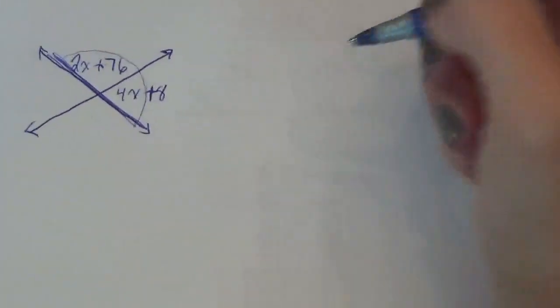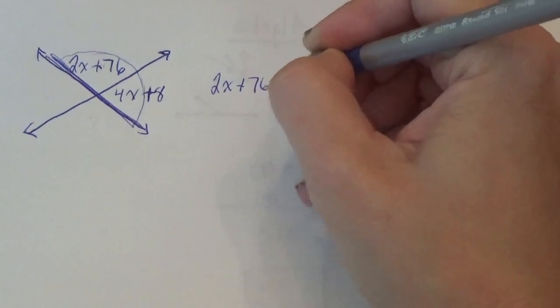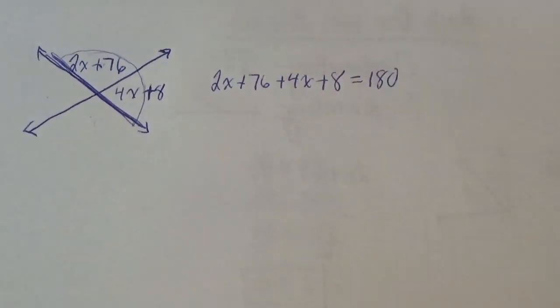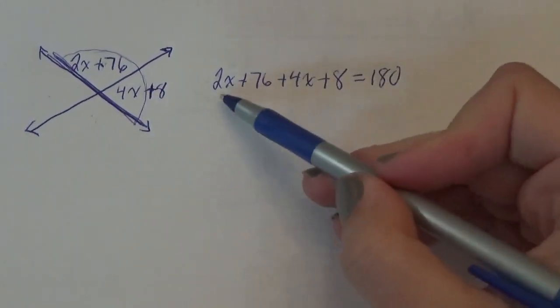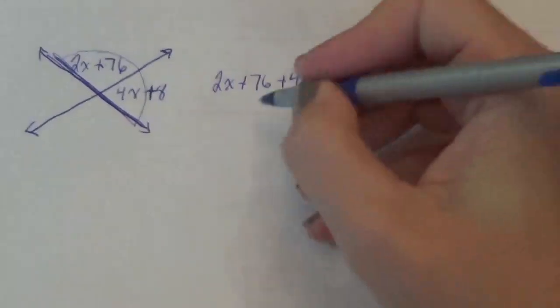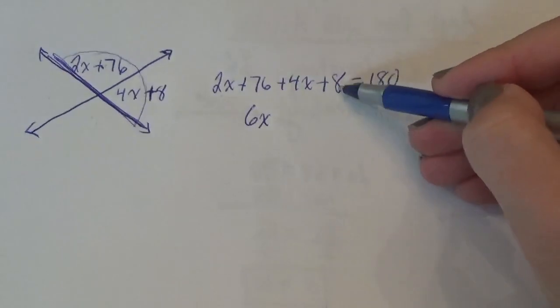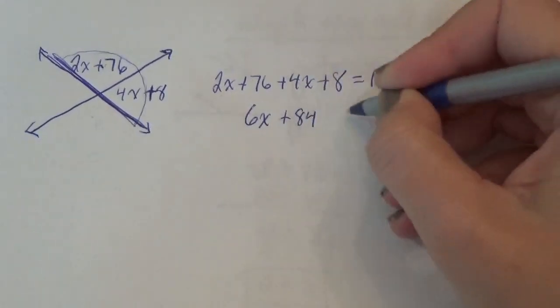So these two, just like the last one, you're going to add all of this up, and it's going to equal 180. So yeah, that's a long stretch, but we're going to get things together here. So I've got a 2x with a 4x, that's 6x. A 76 with an 8, that's going to be 84.